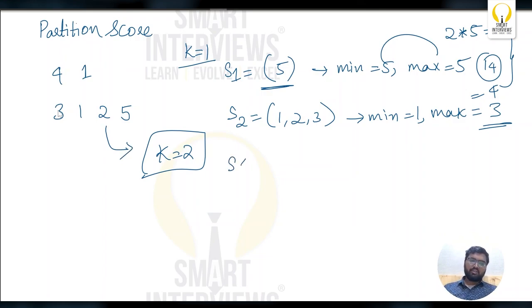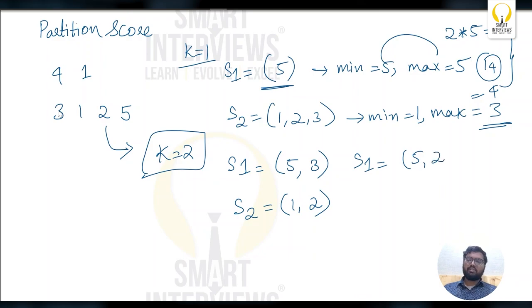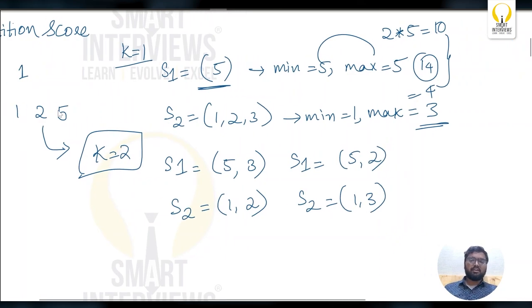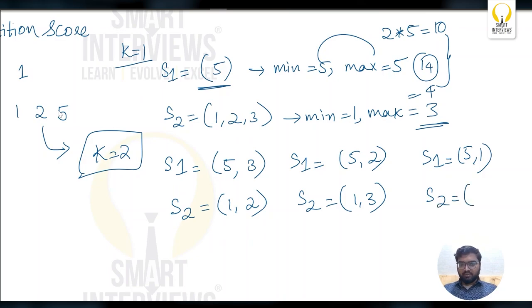What can your subsets be? One can be 5 comma 3 in S1 and 1 comma 2 in S2. Another case can be 5 comma 2 here and 1 comma 3 here. And what are the other possibilities? S1 is 5 comma 1, and S2 is 2 comma 3.